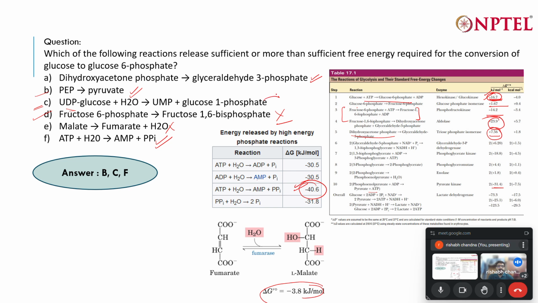And in this case, the free energy change is nearly plus 2.3 kilojoule per mole. So that is actually greater than the required amount. So yes, this is also the answer. So the correct answers would be A, B, C, then F. Okay, these four would be the correct answer. So we'll include A also in this.